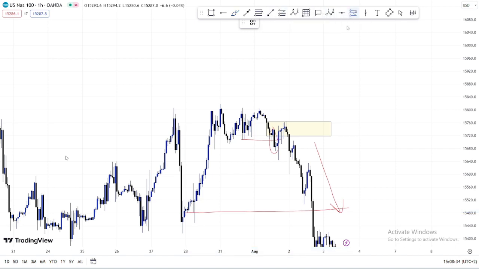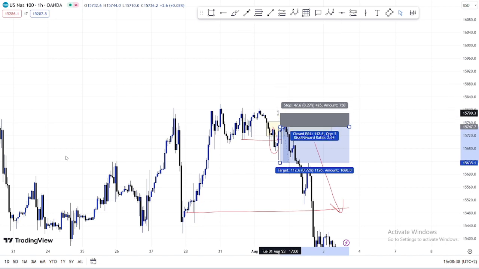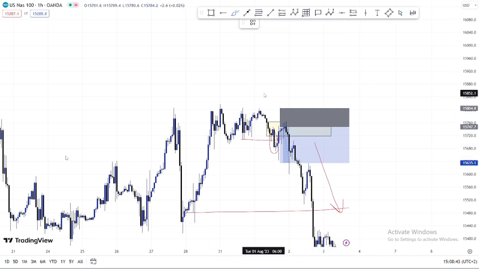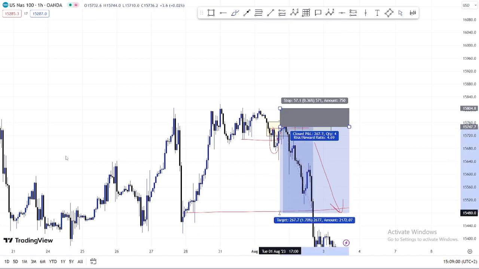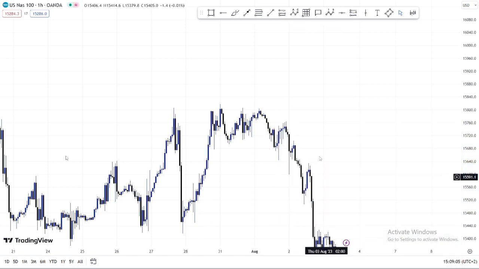That's when I decided to put my short position stop loss just above this area, because sometimes you might find that there will be long wicks which do not break this area. They might not break this area with the bodies, but the wicks might spike out of the area. Then my target would be here.